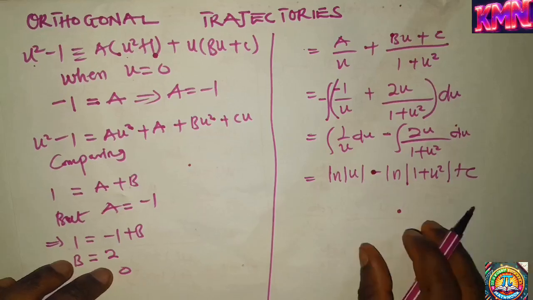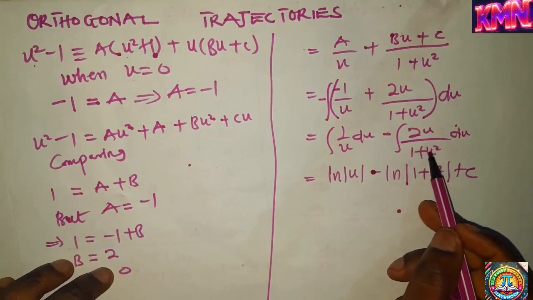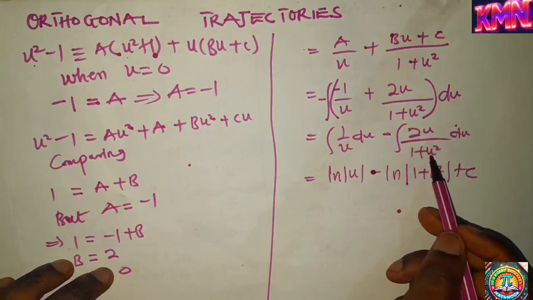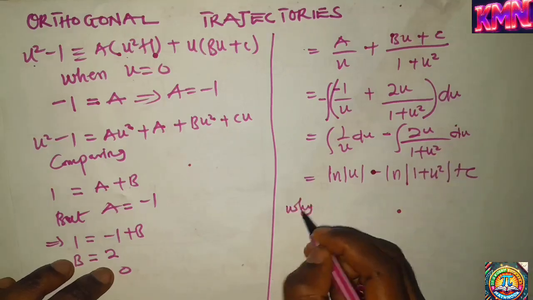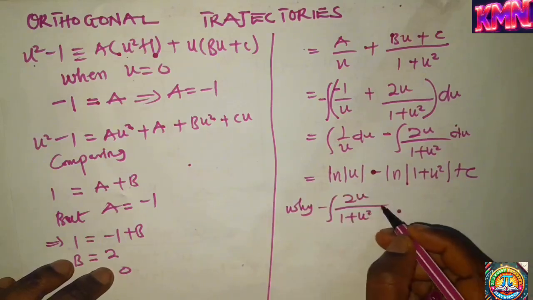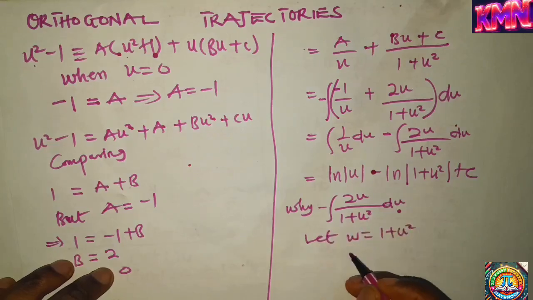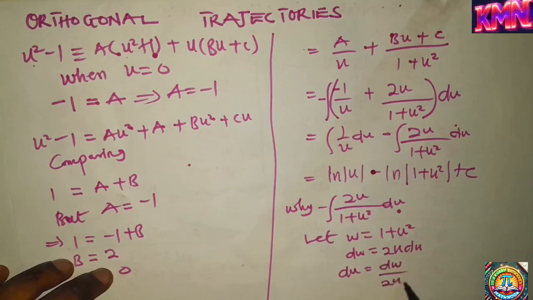Somebody may ask why. You can see here, if you let this one be, say, w, and you differentiate, it will come and cancel out, and what we are going to have at the numerator is the same as the denominator, and hence that will lead us to this. Taking only that side, let me show you why I wrote that. Let w equals 1 plus u squared, dw equals 2u du, making du the subject, du becomes dw on 2u.